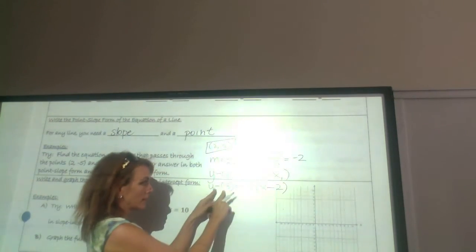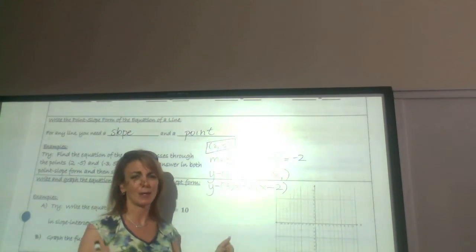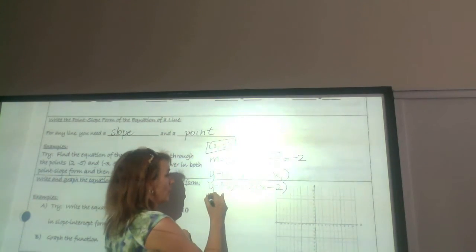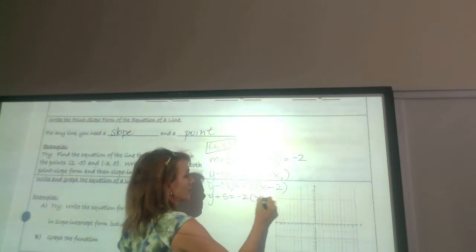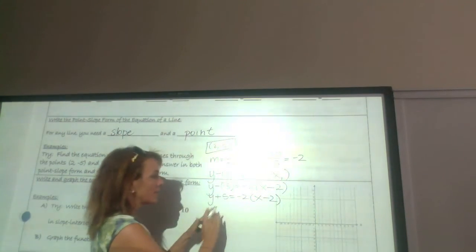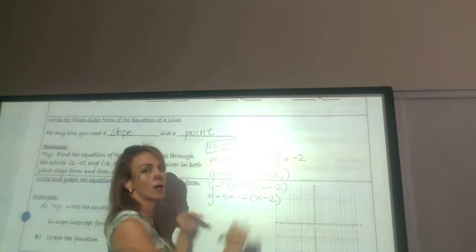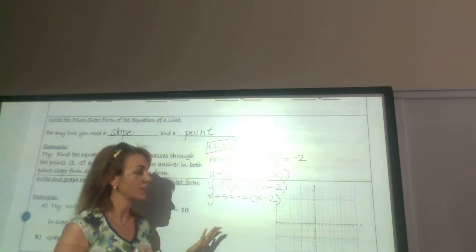Okay, now all I've got to do here is make this minus thing go away, and I'm finished. Y plus 5 is equal to -2 times x minus 2. And this would be a point slope form of the line in question.